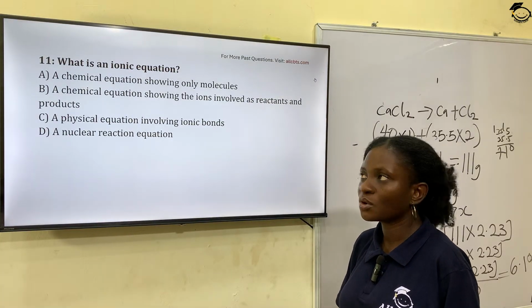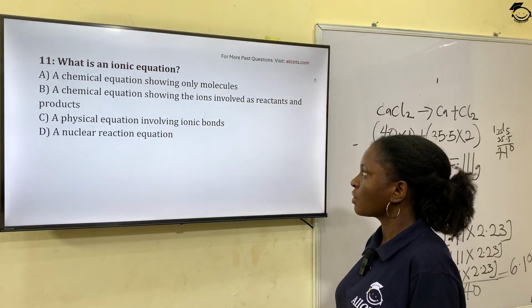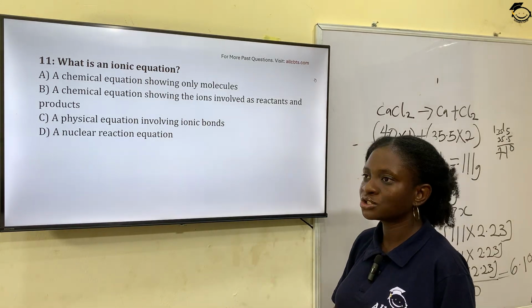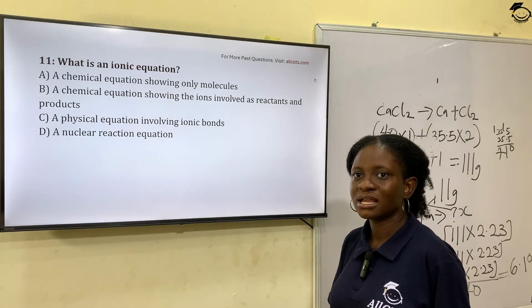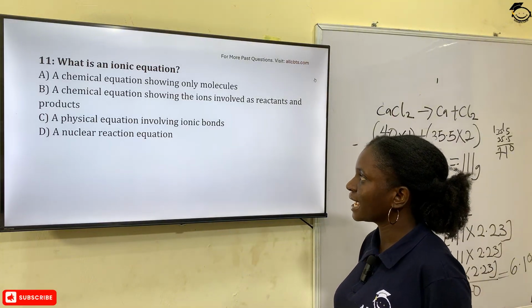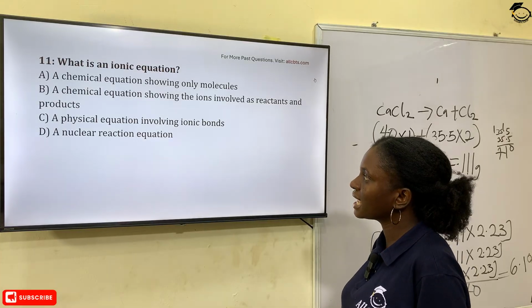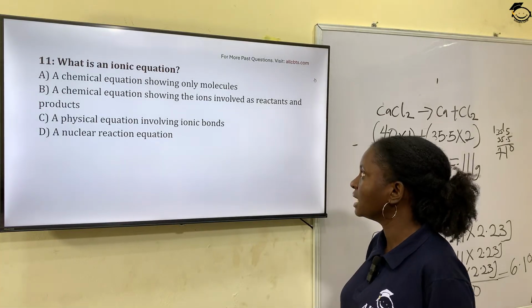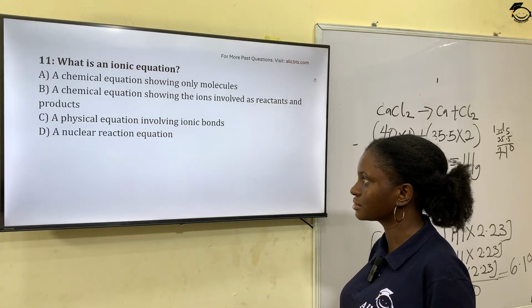Question 11. What is an ionic equation? When you talk of an ionic equation, they are the ions that participate in the reaction. Option A, a chemical equation showing only molecules. Option B, a chemical equation showing the ions involved as reactants and products.